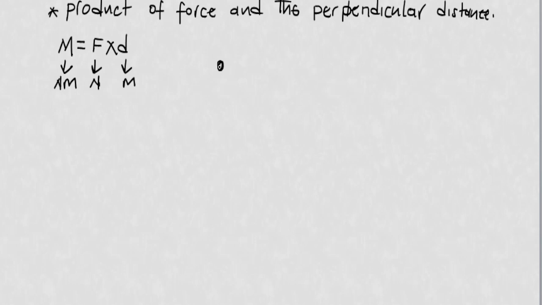If this is the pivot, and a force is applied here at a distance, and this is the perpendicular distance, you can see these form a right angle. This shows that the distance is perpendicular, so this gives a moment.